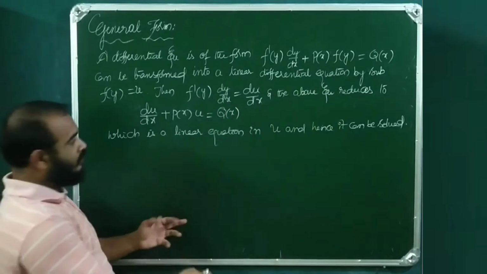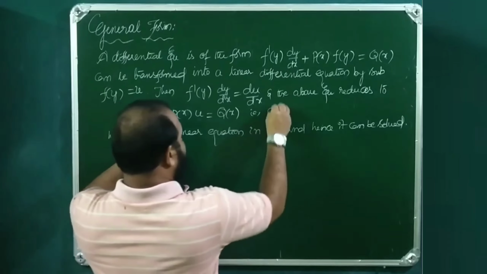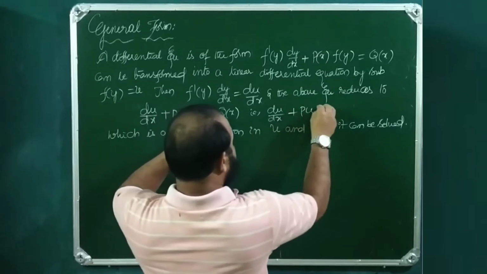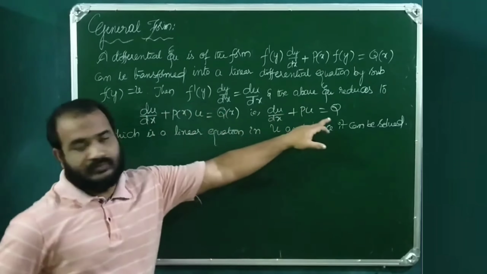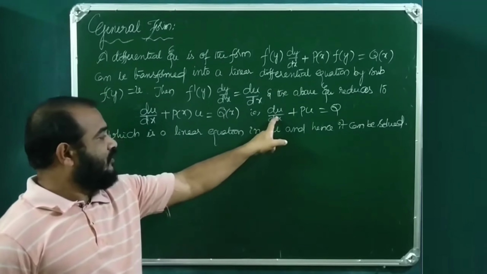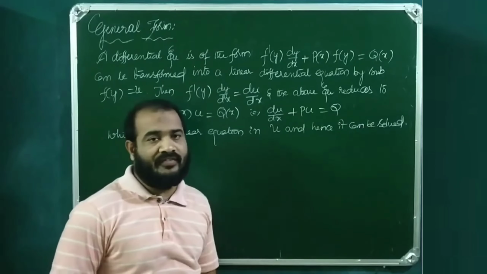In other words, du/dx + Pu = Q. Therefore, this is a linear equation in u and hence it can be solved.